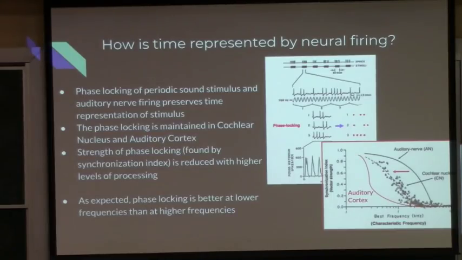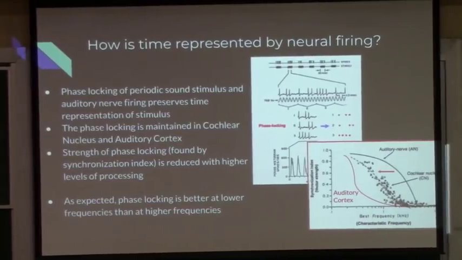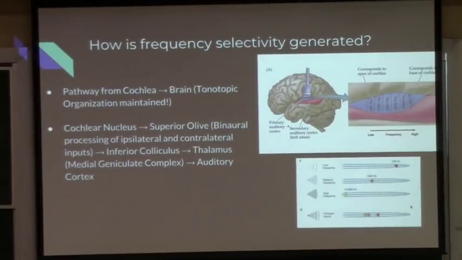Also, by then you've crossed the binaural processing stage. Binaural processing is where you really need the phase locking, because you need the signals from both your ears to meet each other. They can't miss each other. One goes first and then the other, and in order to meet, they need to be synced with each other. Once you've reached that state at your superior olive, you don't really need the phase locking after that.